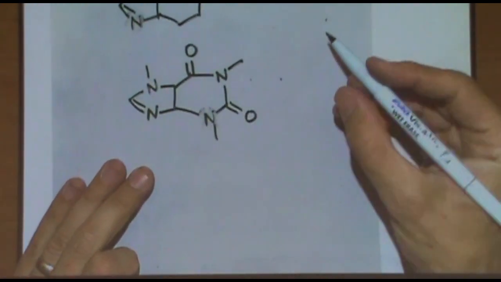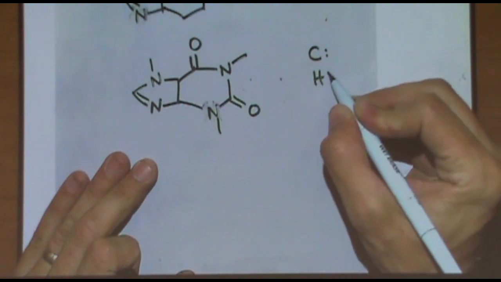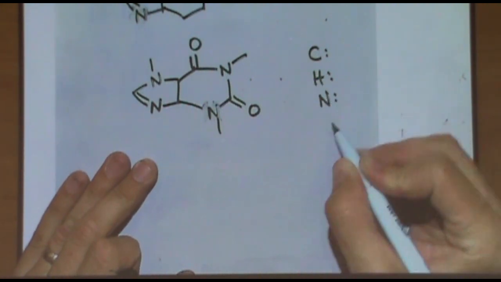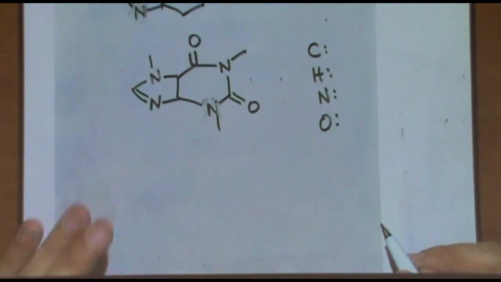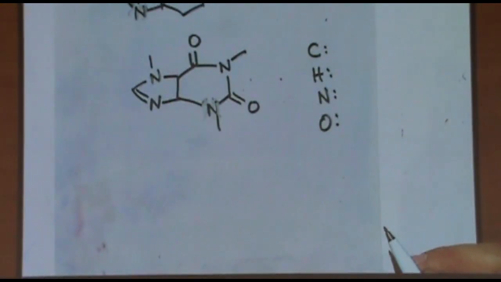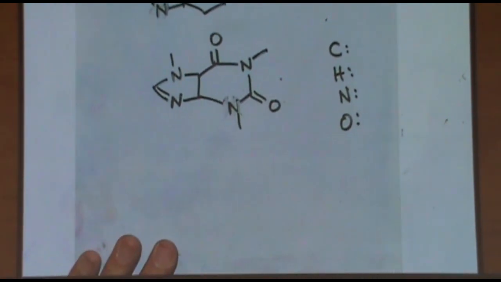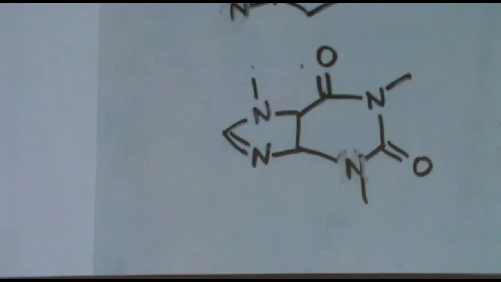All right, I want the total number of carbons, hydrogens, nitrogens, and oxygens. I'll give you a 20-second head start up here. I'll scoot this off, and I'll solve it. I want you to see my answers.